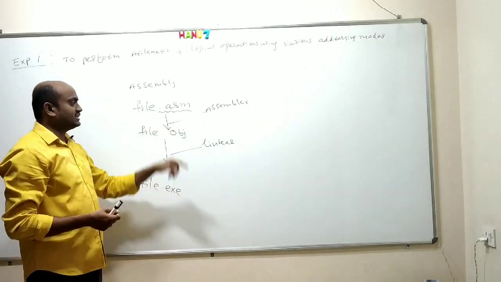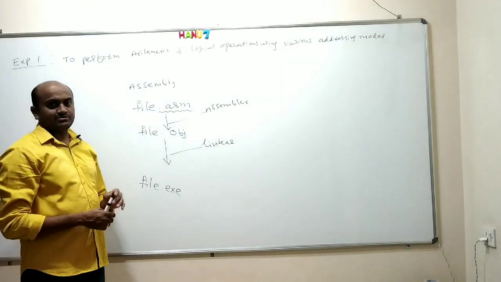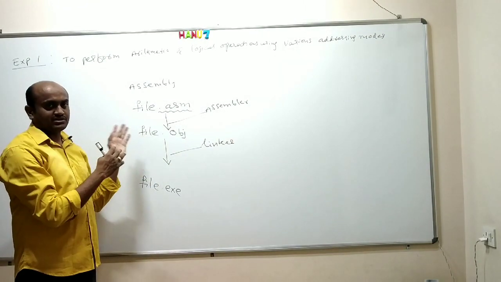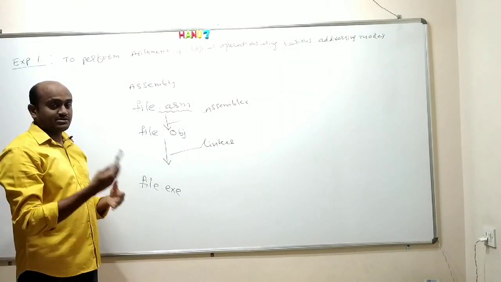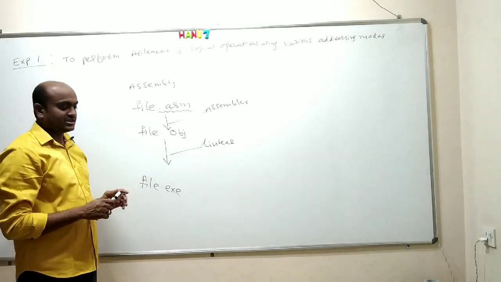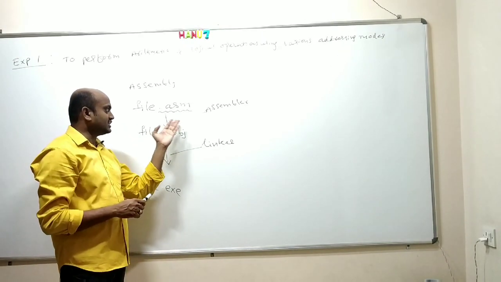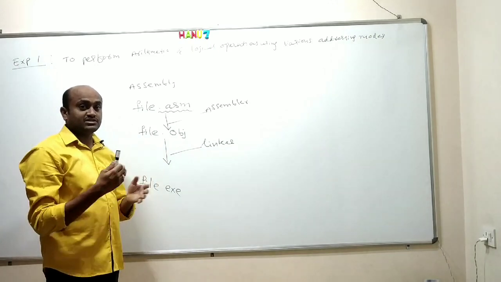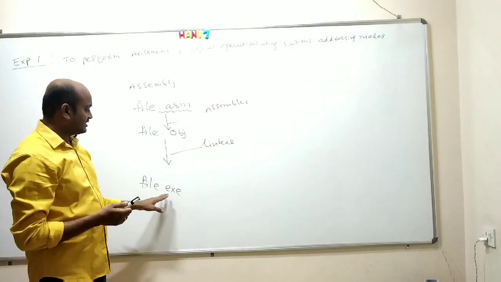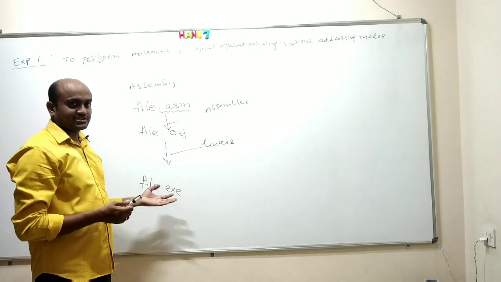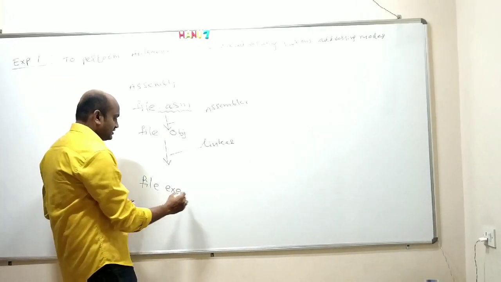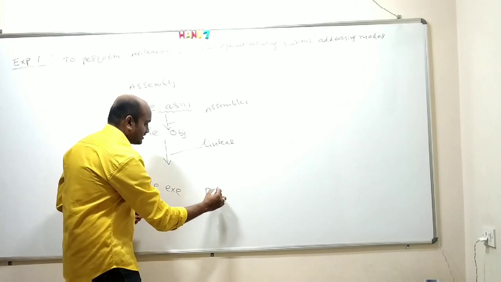The assembler will tell me if there are any compilation errors at the time of assembling the program. But there may be some errors which cannot be seen at the time of assembling. Such runtime errors can be identified by debugging the program first. Debugging can be done by using a software called a debugger.